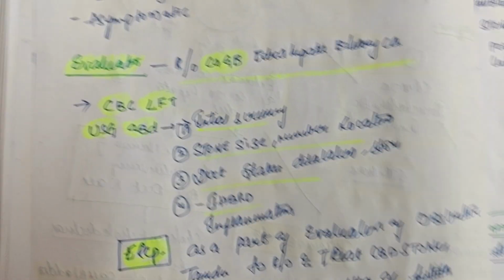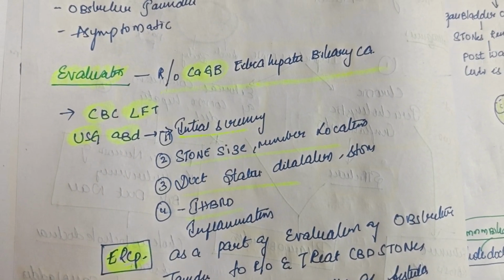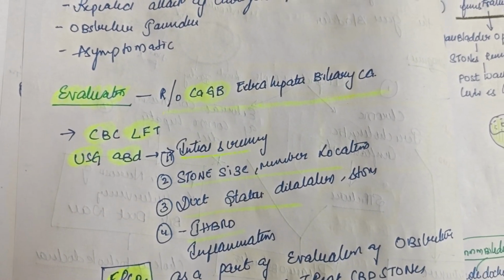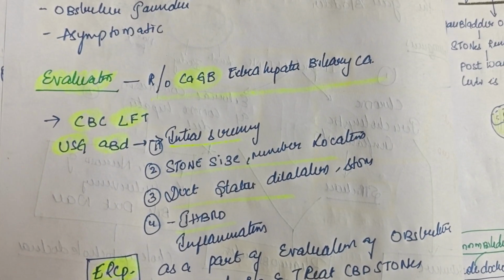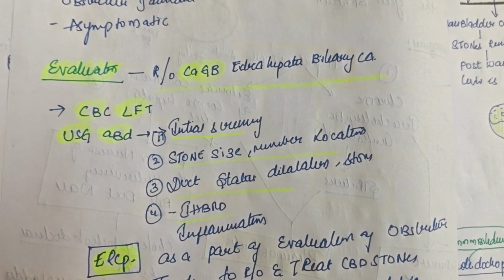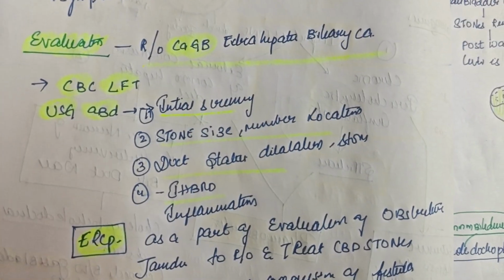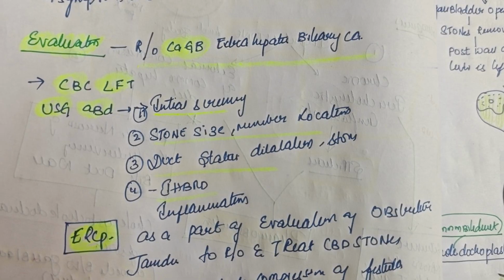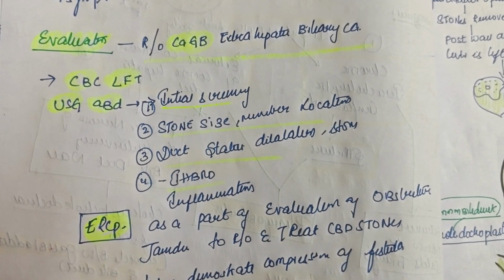Now, how do you do that? The first basics are CBC, LFT, and USG abdomen, which is the initial screening. The USG abdomen tells me the stone size, number and location, and the duct status, how much the dilatation of the duct is.